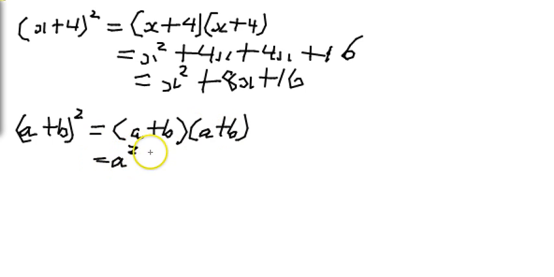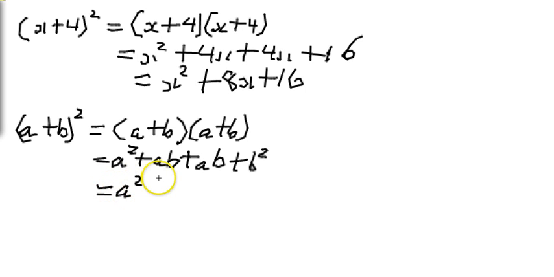So the first product is a squared, the outer is plus ab, the inner is b times a, but we're going to go alphabetical order, so we'll say plus ab, and the last is b squared. So you notice this term is repeated. Same as up here, we had a 4x and then another 4x. So this is a squared plus 2ab plus b squared.